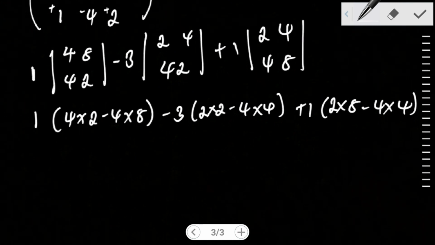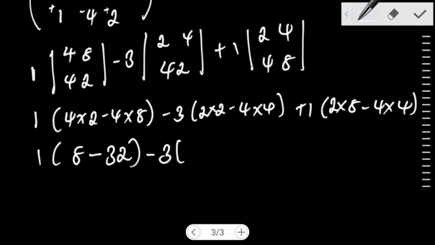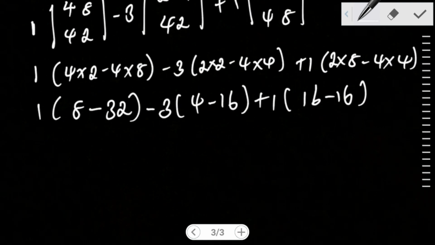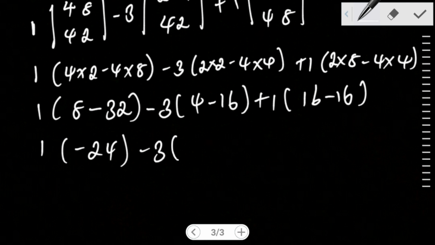So here I'm going to have 1 into 8 minus 32, close this, minus 3 into 4 minus 16, close this, plus 1 into 16 minus 16 in this case. So here I'm going to have 1 into negative 24, close this, minus 3 into negative 12, close this, and then plus 0.